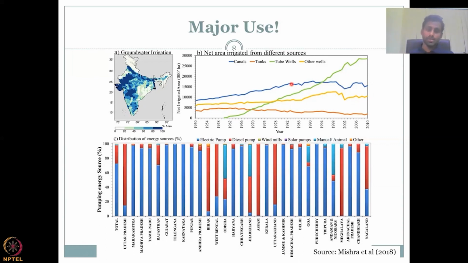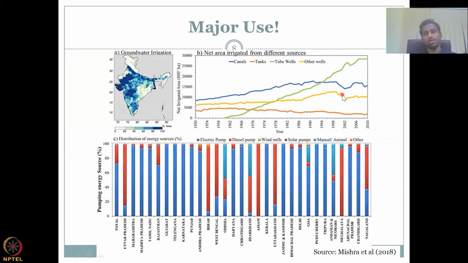Okay. So what has happened is the canal area has increased from the 1950s. That was the good revolution which was happening. But then it stopped. It didn't increase much. Same way, your tanks, which would store water and then distribute it, or store water and then you pump it, also did not increase. In fact, it decreased. What has increased is your tube wells. The other wells are your shallow wells, which is the top part of your groundwater.